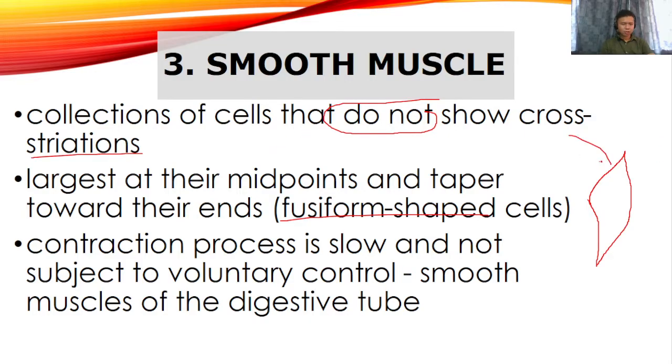The contraction process is slow and not subject to voluntary control, meaning they are involuntary. They are still working even though we are sleeping, or even though we are unconscious. Just like in our digestive tube, digestive muscles. Smooth muscle looks like this, having a fusiform appearance.